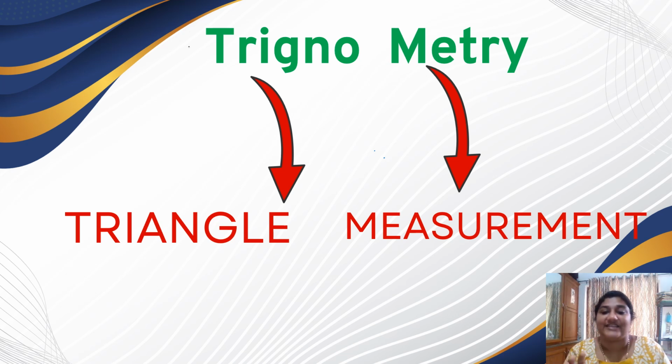Trigono, three sides. So trigonometry is the study of measurement of a triangle. It is a branch of mathematics that helps us to find the relationship between the angles and the sides of a triangle. We can apply trigonometry to any kind of triangle, but now we are focusing on right angled triangles.